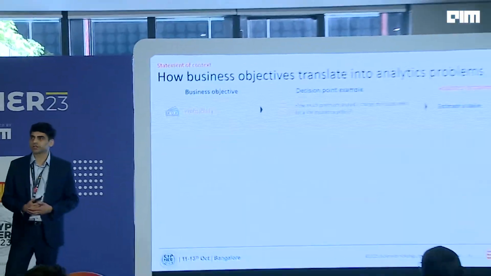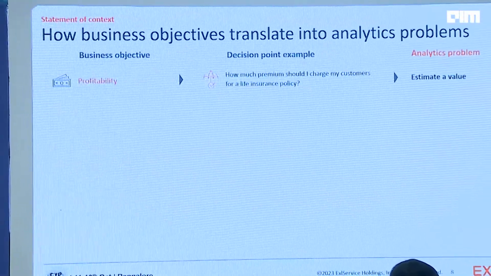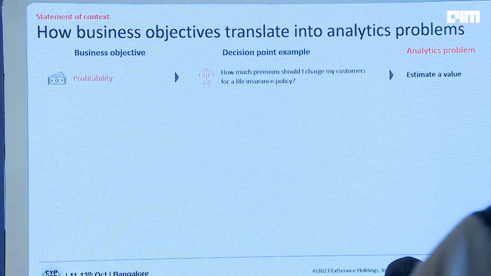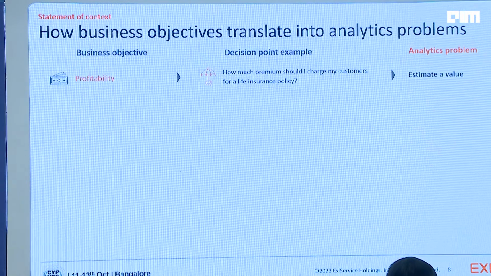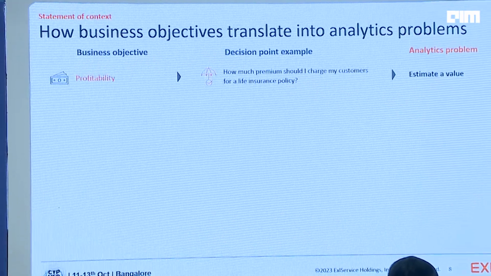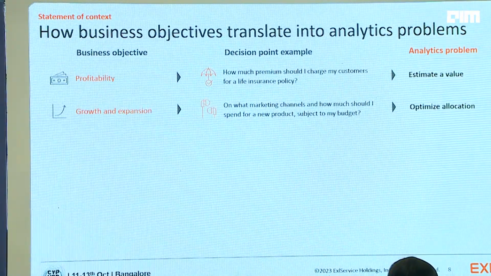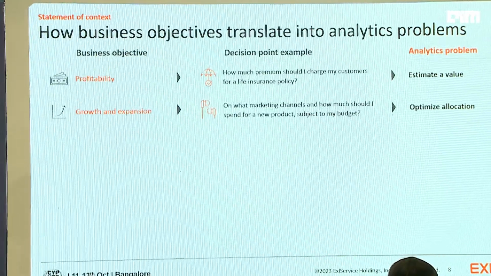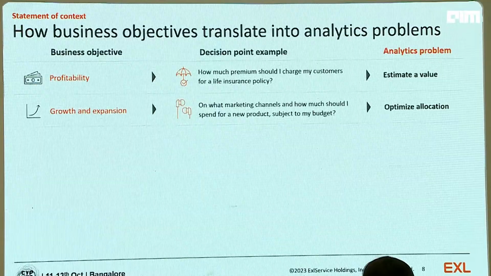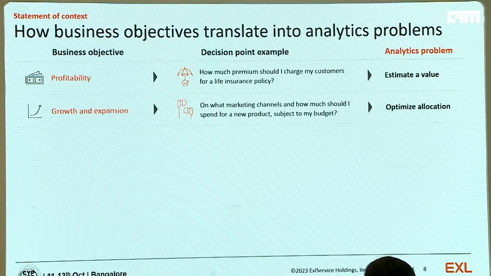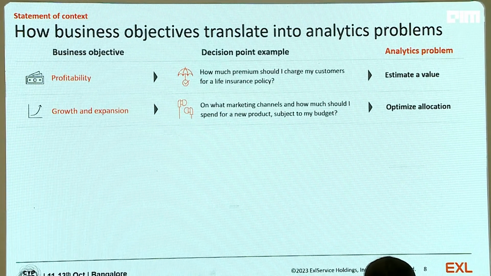Let's take an example of an insurance company that needs to decide what premium to charge a customer for an insurance policy. It becomes a problem of estimating a value, the premium amount, a continuous variable. If the objective is growth and expansion, take the example of an entertainment industry that has a certain budget to spend but doesn't know where to allocate it.